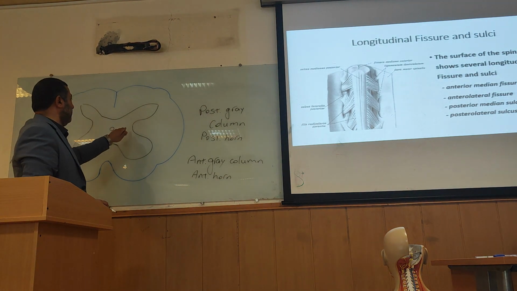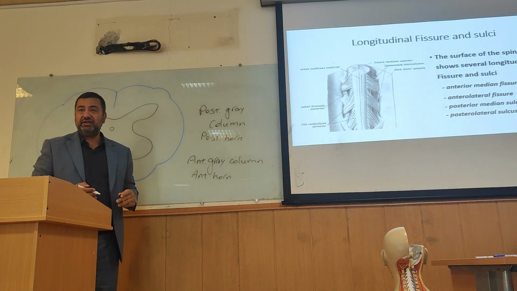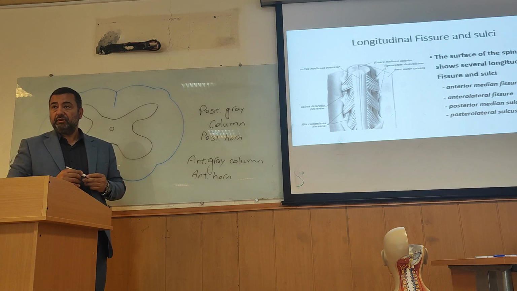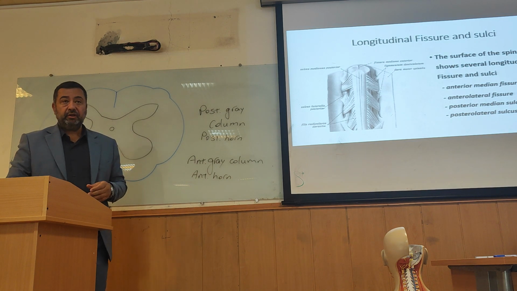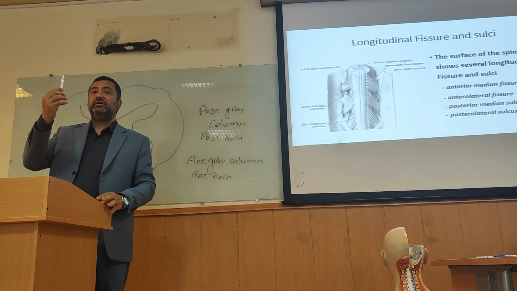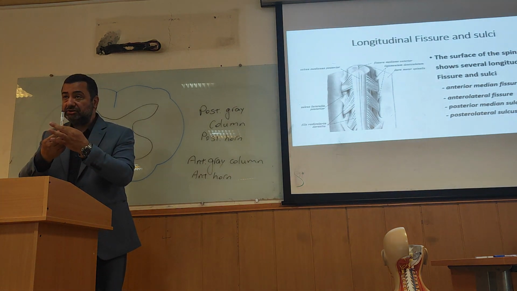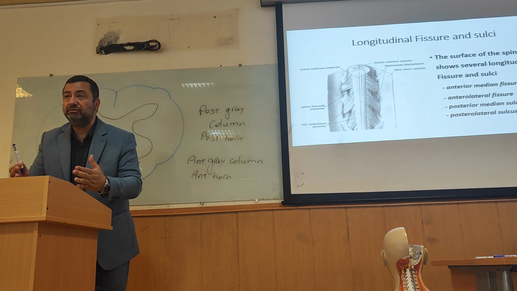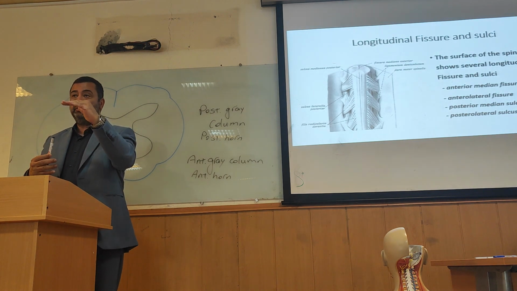Between anterior horn and posterior horn, this area is called intermediate gray column. Column is inside one or outside? I told you spinal cord is a cylindrical structure. This gray matter is as a column, not horn.